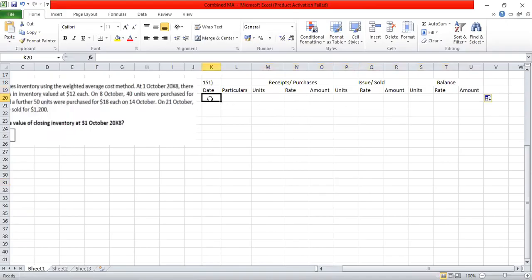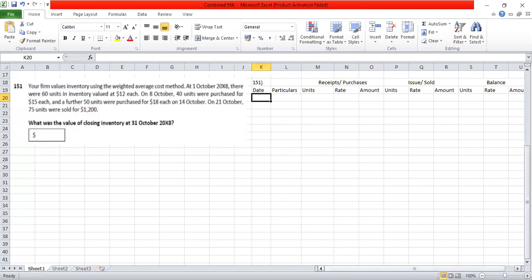The first date we see is, your firm values using weighted average method, on 1st October. What's the transaction? There were 60 units in inventory. So this is the opening balance. How many units were there on hand? They had 60 units.